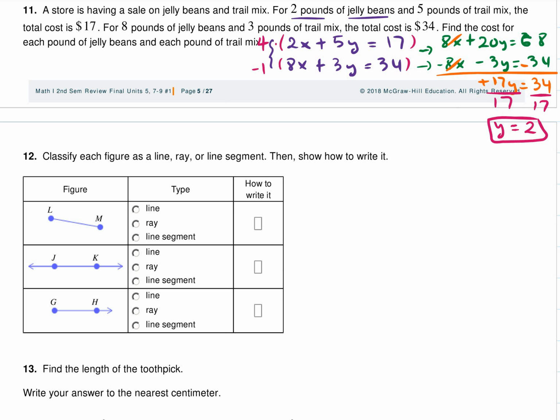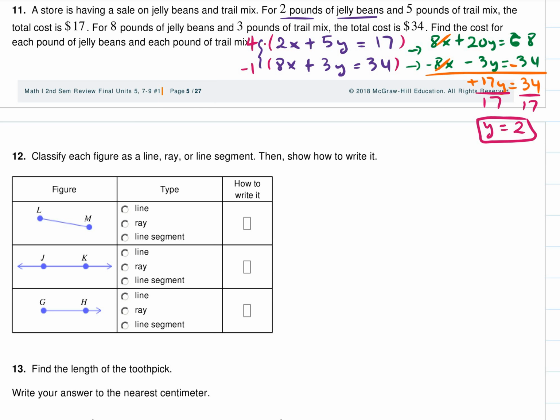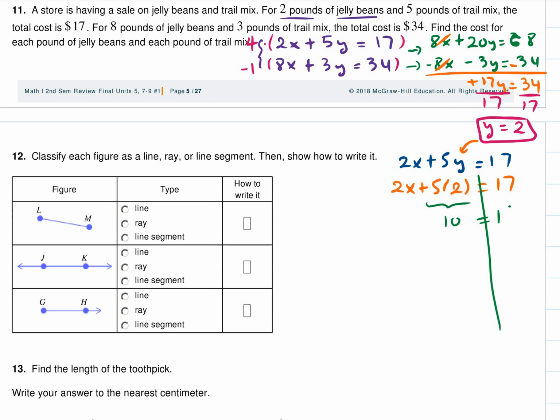To find out the cost of jelly beans, we're going to plug it back into either the first or second equation. Let's say I pick the first equation, 2X plus 5Y equal to 17, and Y is 2. That would be 2X plus 5 times 2 equal to 17. 5 times 2 is 10, bring down 2X.